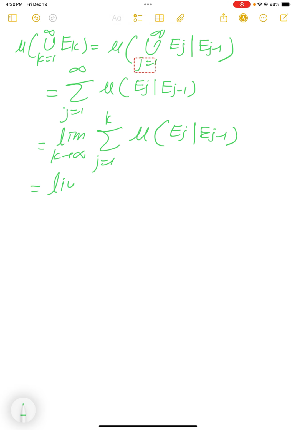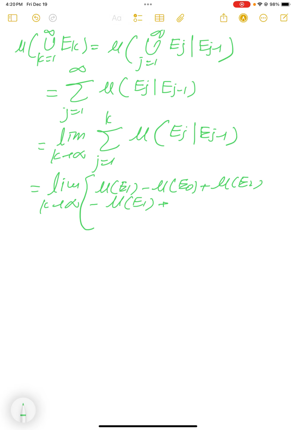Now this is k approaches infinity. What is this? So this is the measure of E1 minus the measure of E0 plus the measure of E2 minus the measure of E1 plus and so on. At the end we will be able to see that plus the measure of E_k minus the measure of E_(k-1), and the terms will cancel out.